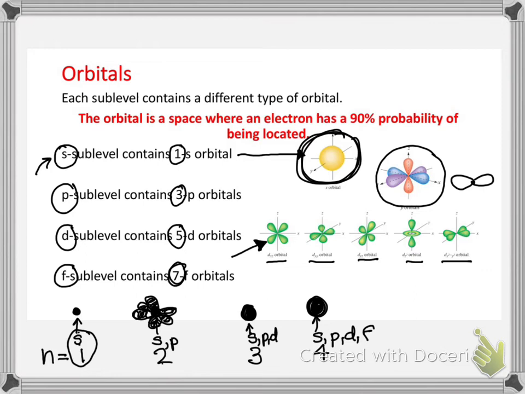So if you look at what an orbital is, it says each sublevel contains a different type of orbital. S contains S orbitals. P sublevel contains P orbitals. D sublevel contains D orbitals. And F sublevel contains F orbitals. And these orbitals are where there's 90% probability of finding an electron.